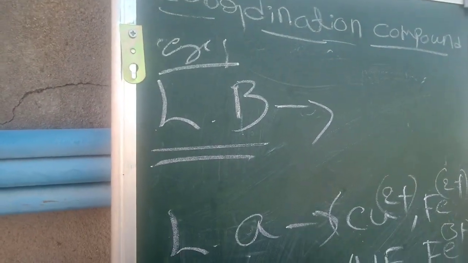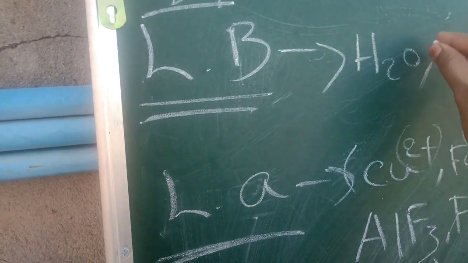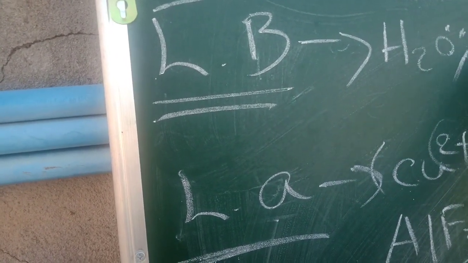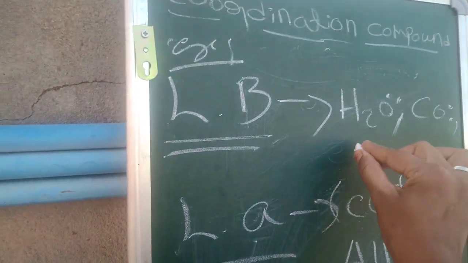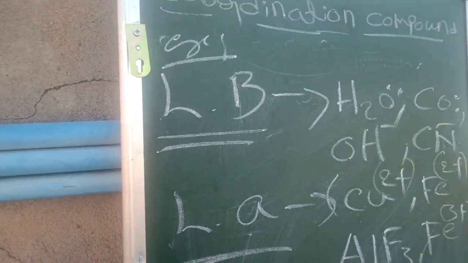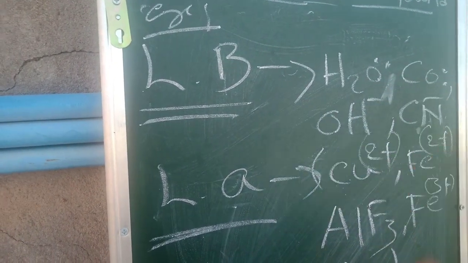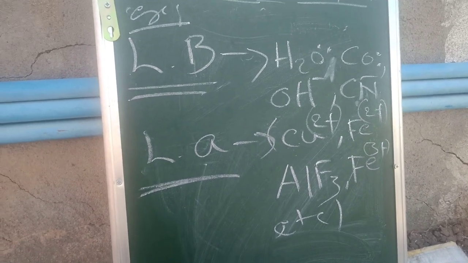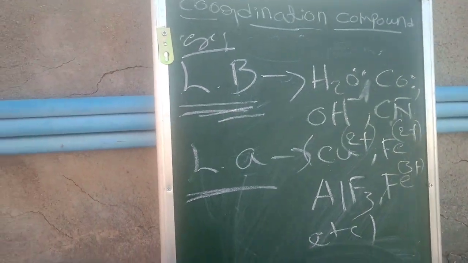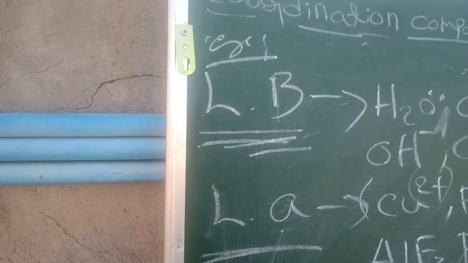What are the examples for Lewis base? H2O, which contains a pair of electrons, CO, OH minus, and cyanide ion. Water, CO, OH minus and cyanide ion are the examples for Lewis base. So these are the basic things regarding coordination compounds.